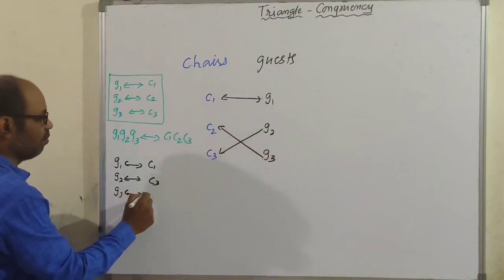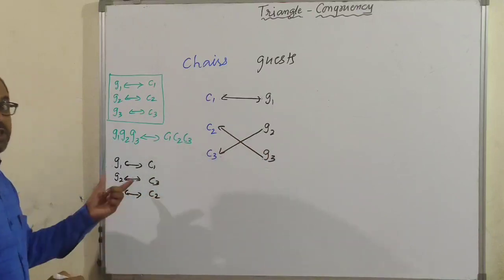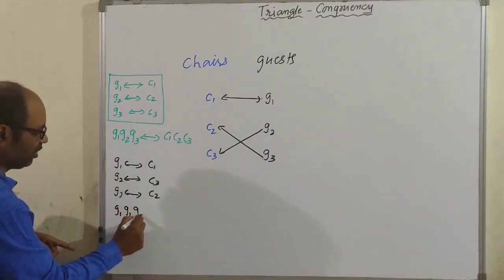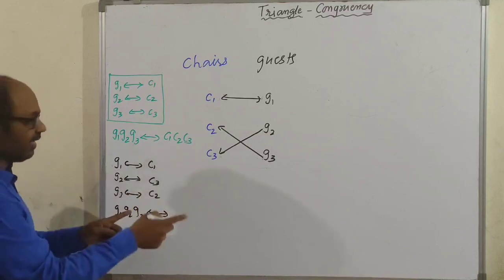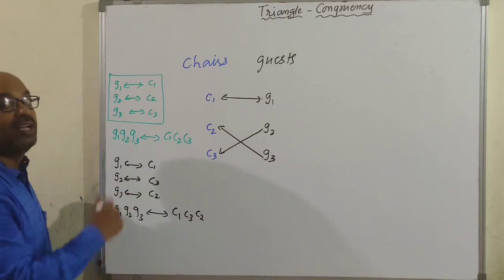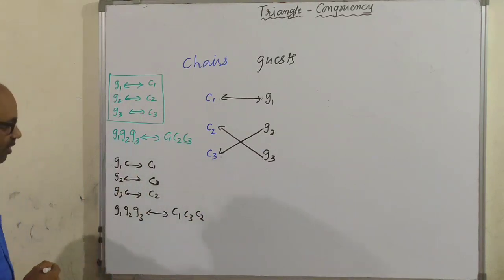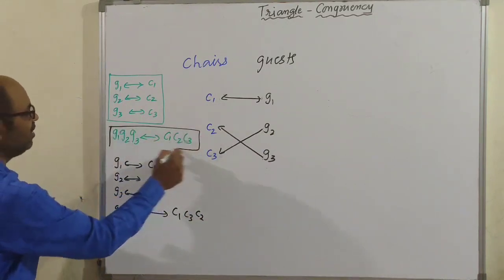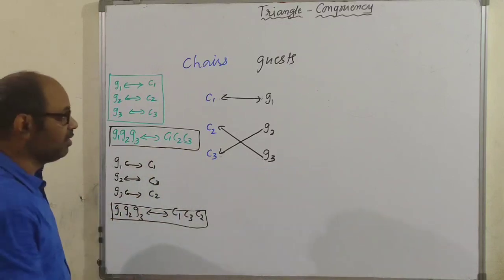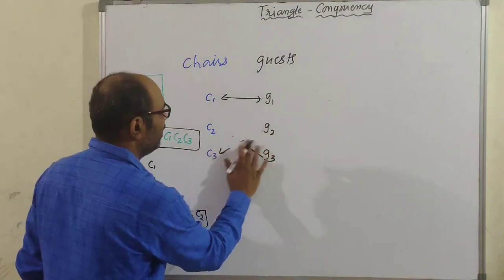So guest 3 occupies chair 2. So this is another arrangement, correct? G1, G2, G3 are connected to chair 1, chair 3 and chair 2 in that order. All right, this is the second arrangement. Let's see if a third arrangement is possible. Okay, let's see.